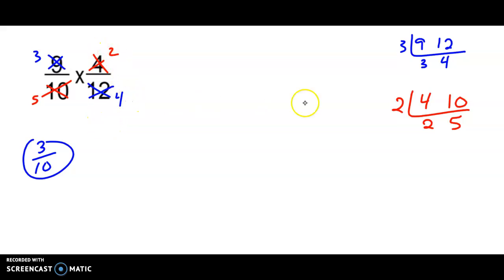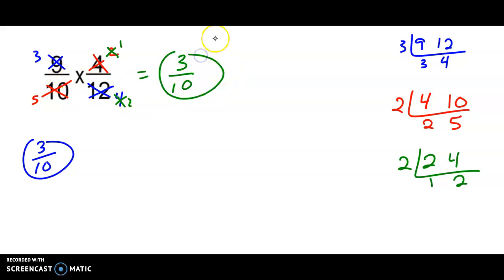Look at the 2 4s. If I put the 2 and the 4 in a sled, pull out a 2, I get 1 and 2. So I could have done 2 becomes a 1. The 4 becomes a 2. 3 times 1 is 3. 5 times 2 is 10. Isn't that crazy?